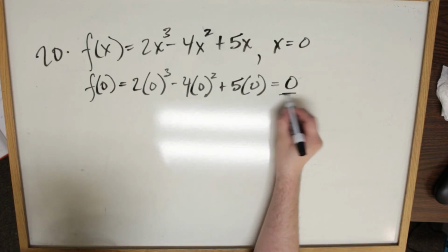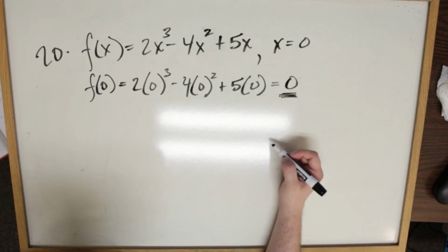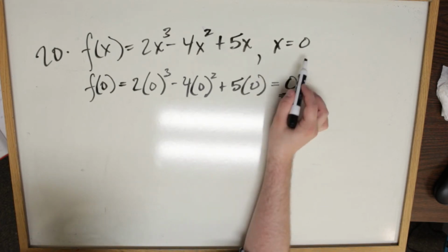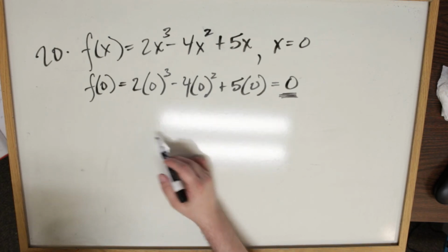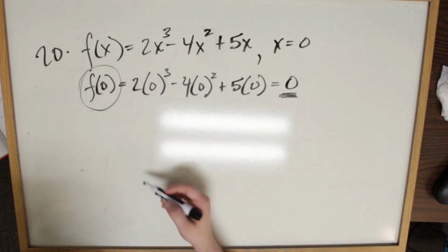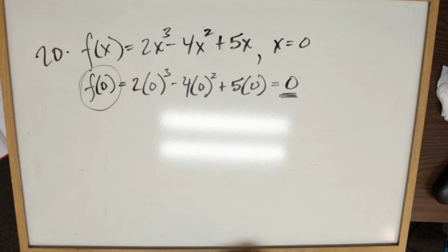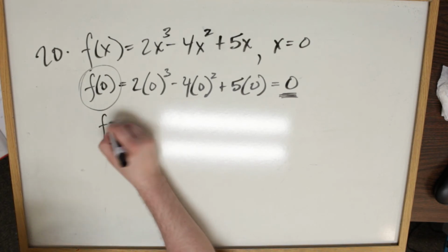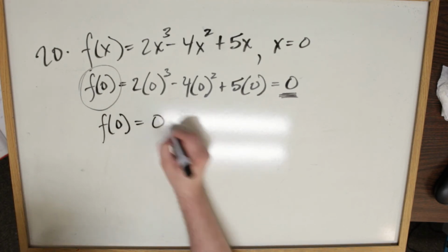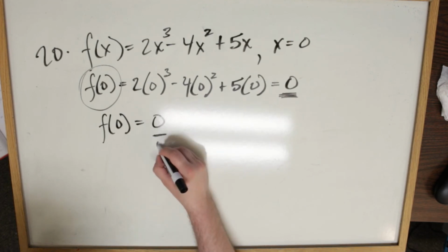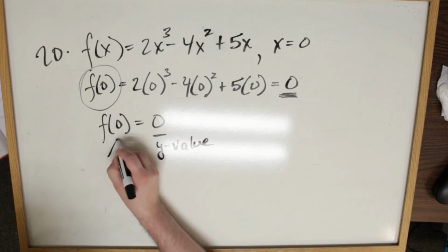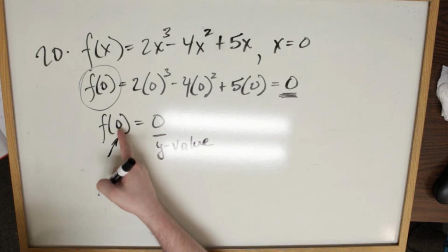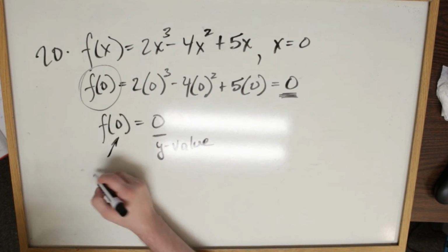So what is this saying when I get that? When I substitute x in right here, this is going to shoot out a y value. You can think of this as being a y value, f of 0. So f of 0 equals 0. This right here is your y value, and this 0 that's in the brackets is your x value.